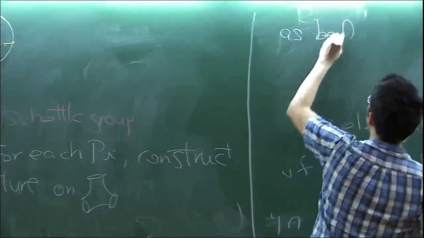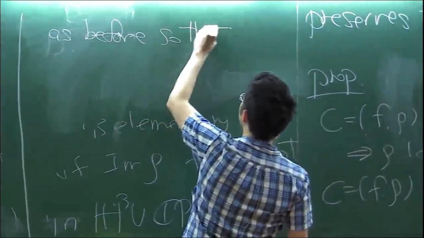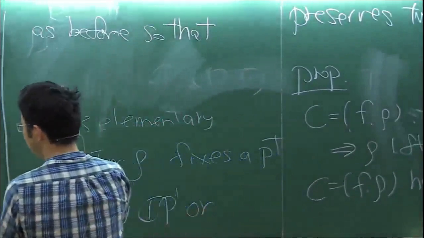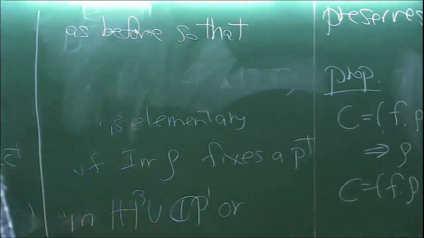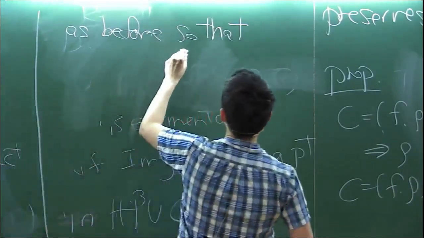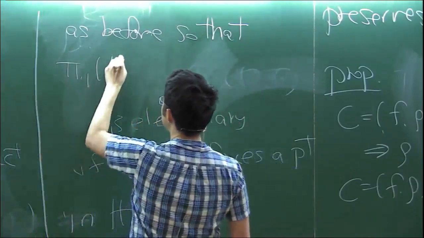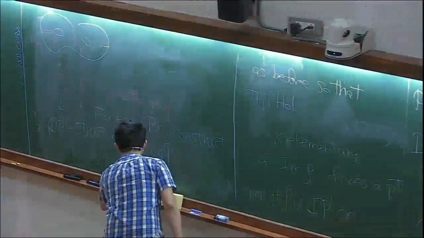Call it Ci, maybe, on Pi, the pair of pants as before, so that the holonomy of C1 is as given.